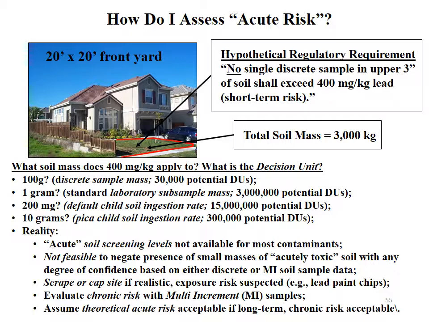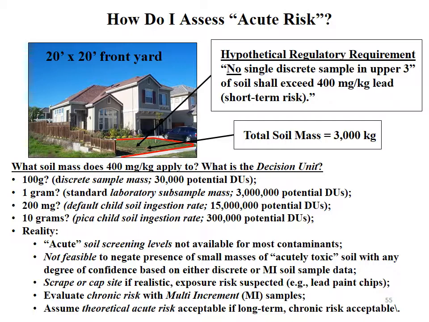Well, now we have 3 million potential DUs, and I'm supposed to demonstrate to the risk assessor that no single 1-gram mass exceeds 400 milligrams per kilogram lead. Well, that's a problem. I could use some statistical methods, maybe test 59 of those 3 million potential DUs.